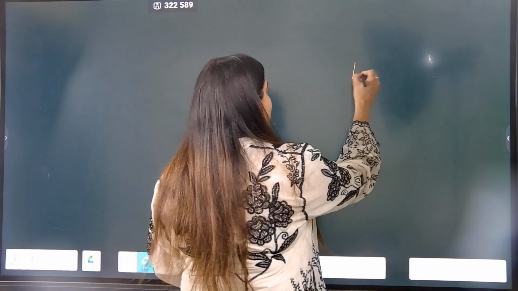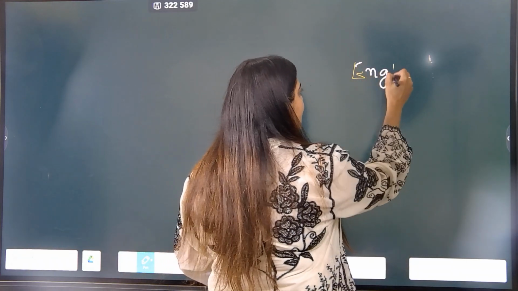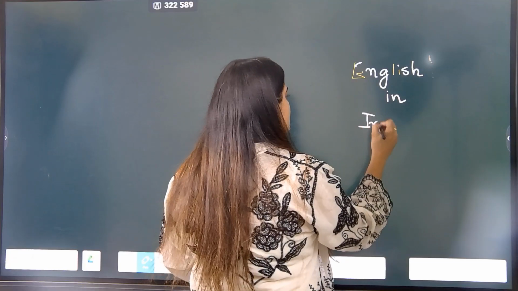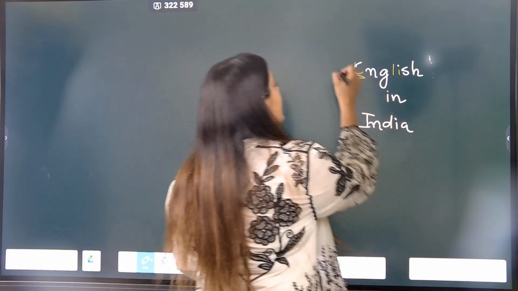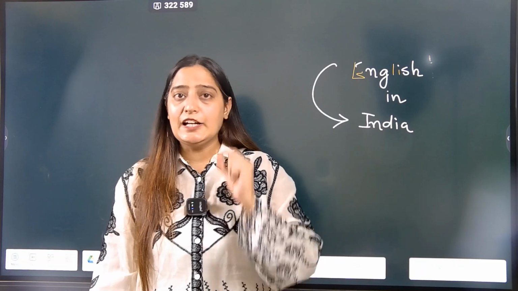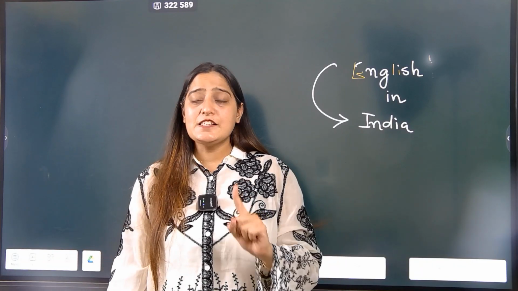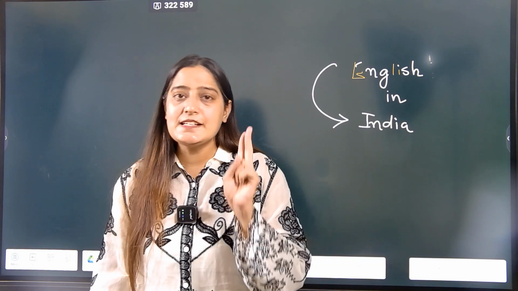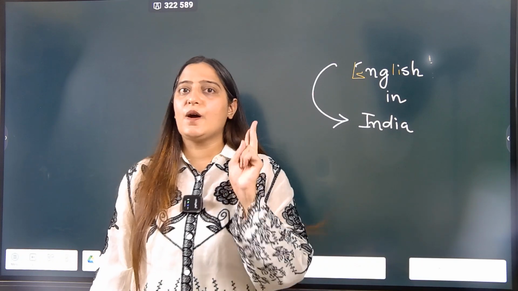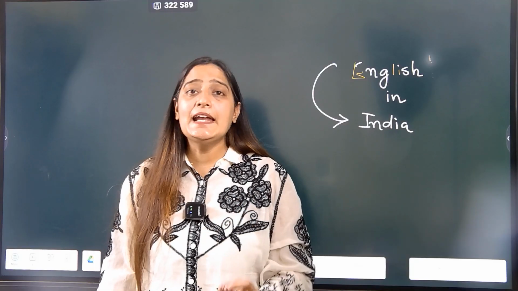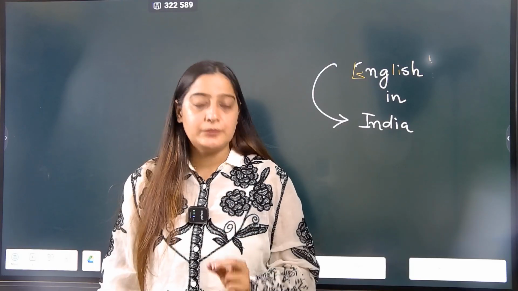My dear students, if we study the English in India unit, the title of the unit refers to the presence of English in India, the presence of English people in India, the English language in India, and the present state of English as an associative language in our subcontinent.